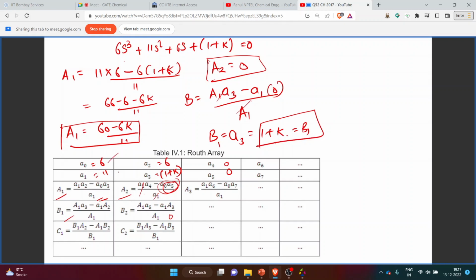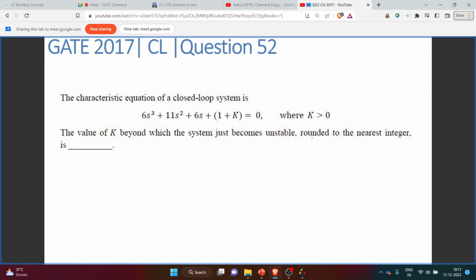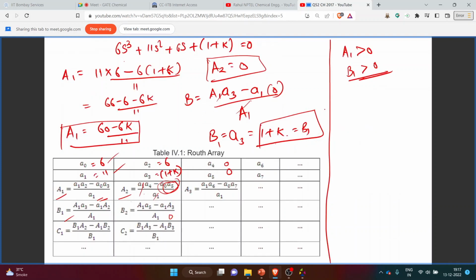Now 6 is greater than 0, 11 is greater than 0. And for stability, A1 should be greater than 0, and also B1 should be greater than 0. In the given question, k is greater than 0, which implies 1 plus k will also be greater than 0, so this is also satisfied.